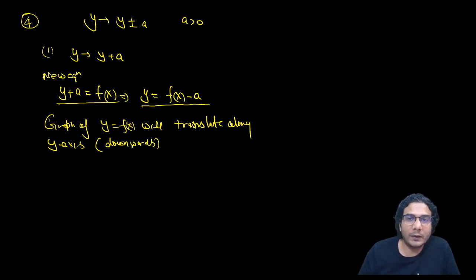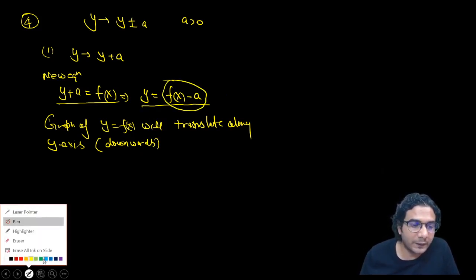And if you replace y by y minus a, it will be upwards. So it's very simple to understand this way: when you are doing f(x) minus a, all the values will be subtracted by a. So all the values will shift by a units. I mean, y coordinates will be decreased by a units.